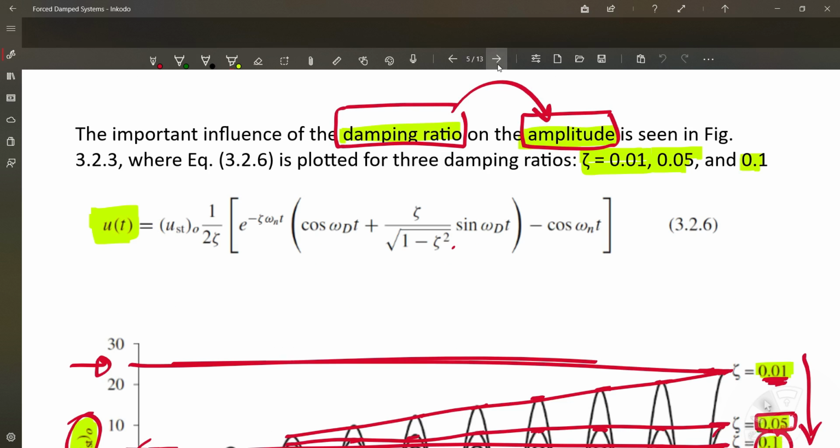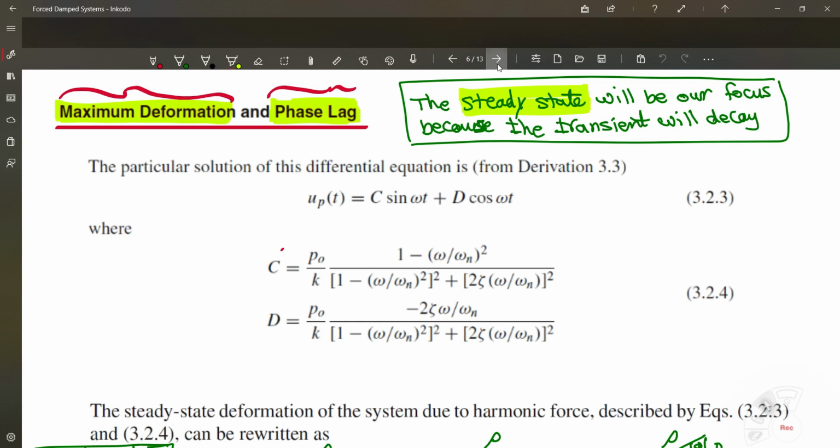From now on we are going to focus on the maximum deformation and the phase lag regarding the steady state response. So this is only something related to the title itself, that the steady state will be our focus from now on, because the transient response will decay over time.